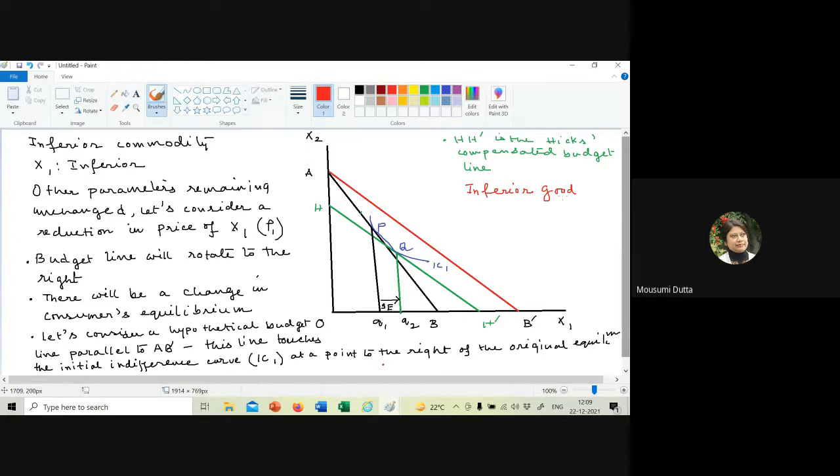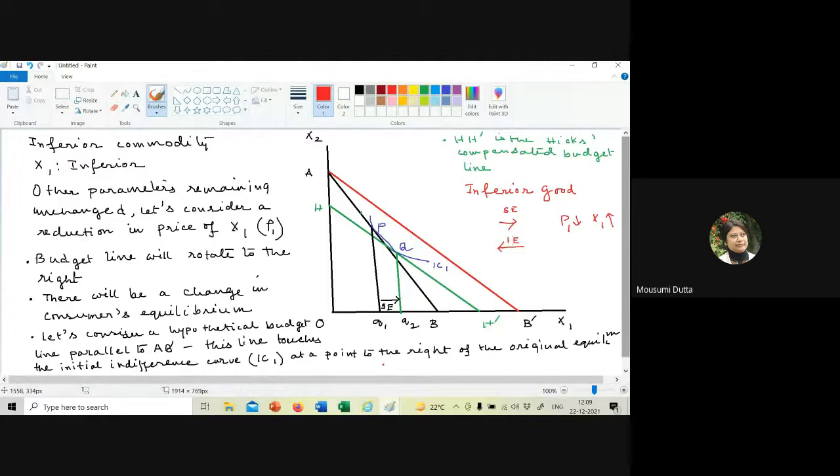So via the income effect, the consumer will move back, to the leftward direction. If this is the direction of the substitution effect, P1 is falling, and for that matter demand for X1 is increasing via the substitution effect. However, via the income effect, it will move in this direction.